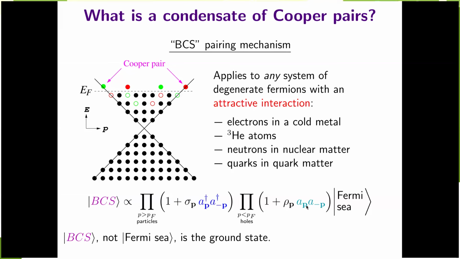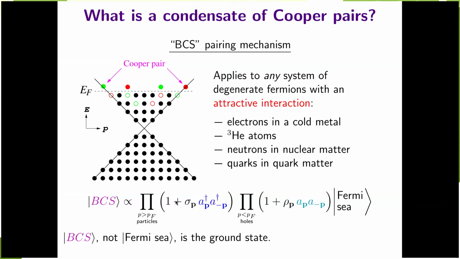And similarly, below the Fermi surface, for the lower momenta, in each momentum, there's some amplitude, I should say, really, because this is a state, that we leave that state alone, and some amplitude that we create a whole pair there. And so we start with the Fermi sea, we act on it with this product of many factors, allowing us to either make a pair or not, and that's the BCS state.